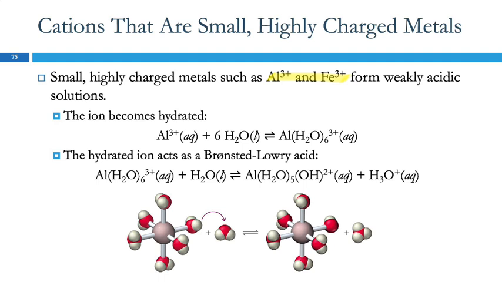The simplest thing here is remember that Al3+ and Fe3+ act as weak acids. And why is kind of complicated. There are a lot of other times where I say, don't just memorize this thing because it's too confusing, let's learn the rule behind it. Here, understanding the reason behind it is harder than just remembering.